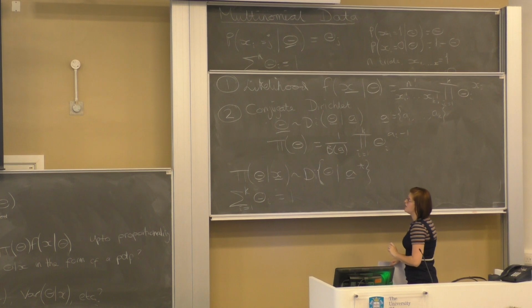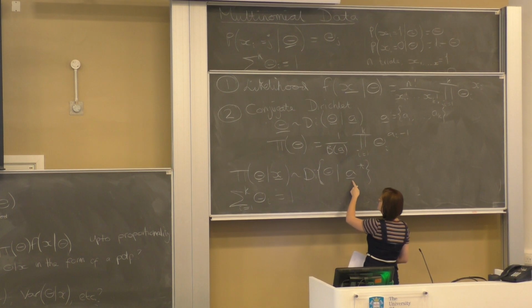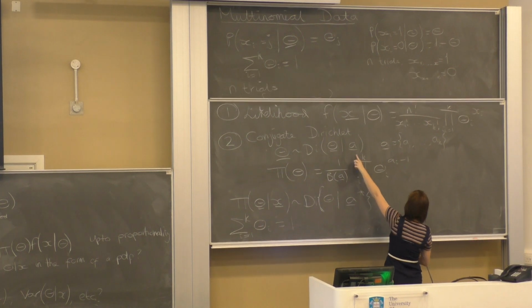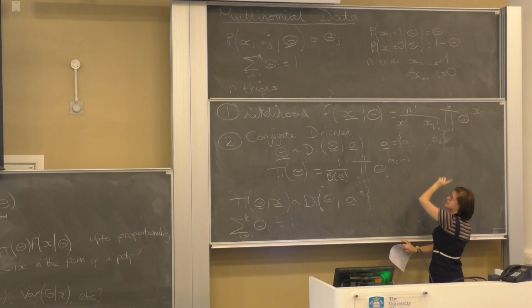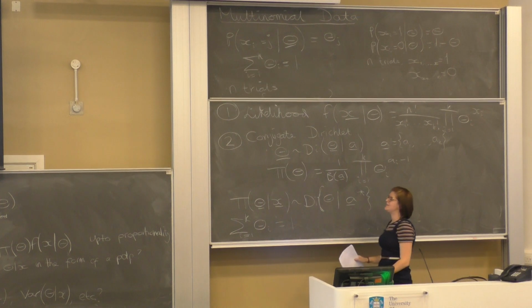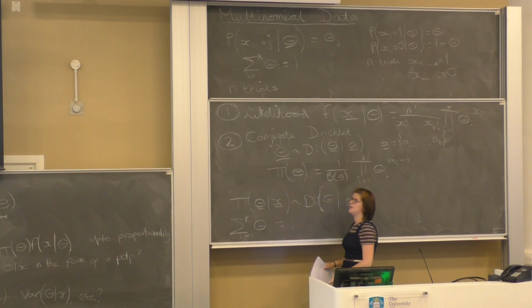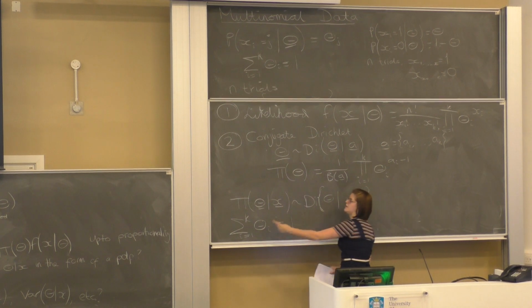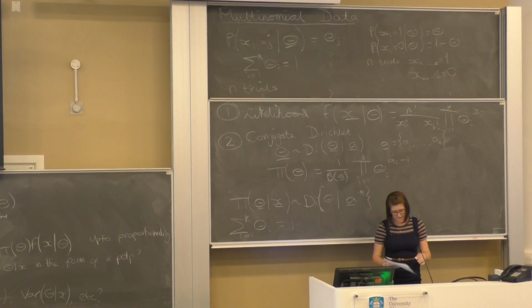So if we're having this prior that has k components to it, this is our prior, it has k values, and we're trying to work out basically a prior for k minus 1, because once we have k of our thetas, the last theta is already defined because of this constraint on it.